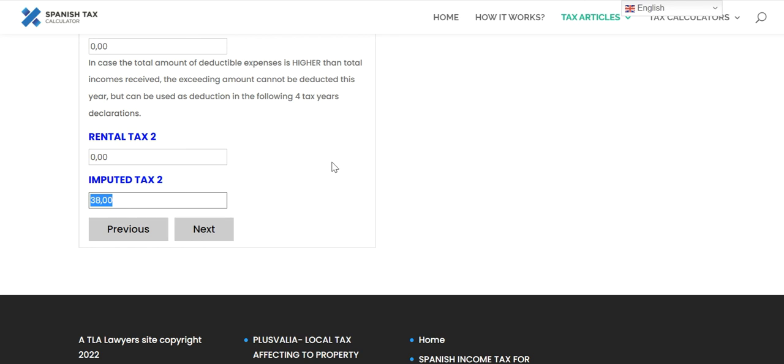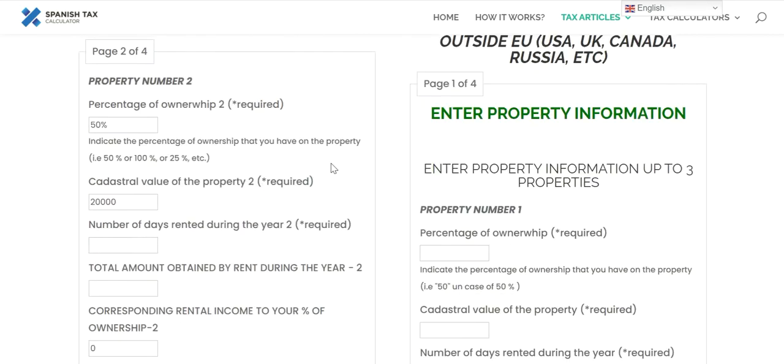Okay, and together with the garage, there is another property that you have in Spain, for example, a shed. The shed, as well as the garage, can be considered as a property independent of the apartment. It could have an independent cadastral reference, an independent property number, and it can be sold independently of the apartment. So imagine that you have a shed.